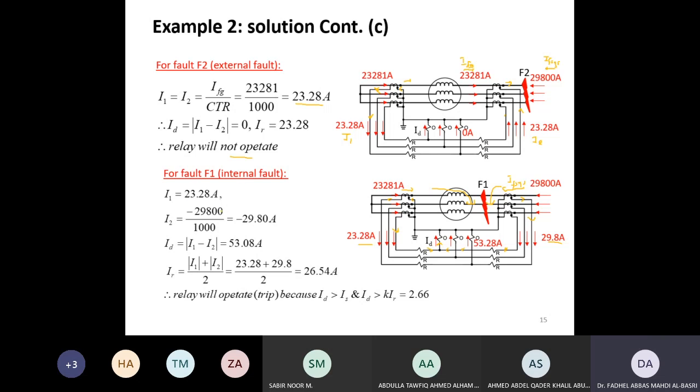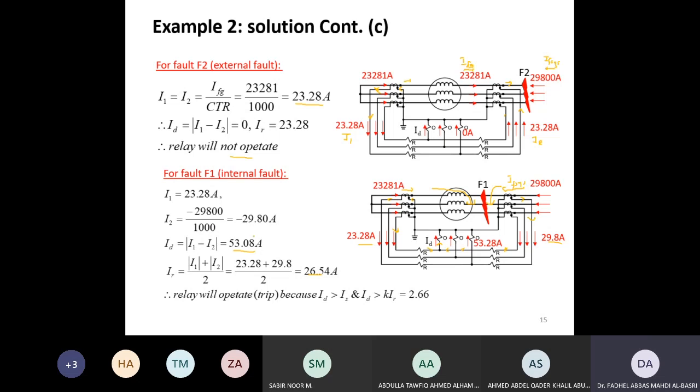So I1 is the same, and I2 will now be in a reverse direction, right? I2 reverses direction, so I put here a negative, and now the differential current becomes added instead of subtracted. And now the restraint is the average of these two, the magnitudes of I1 and I2 over 2. I got this. Now I'll check the condition. Is ID greater than IS?